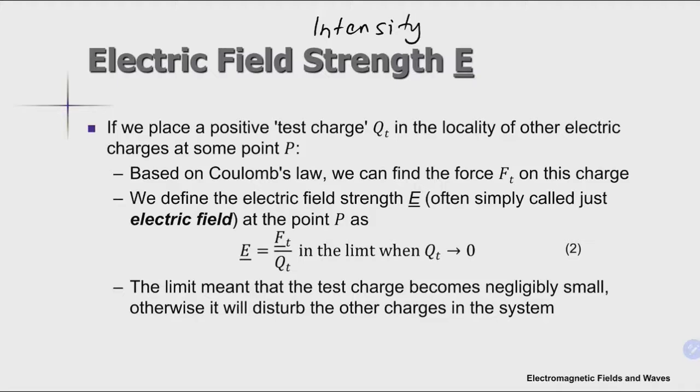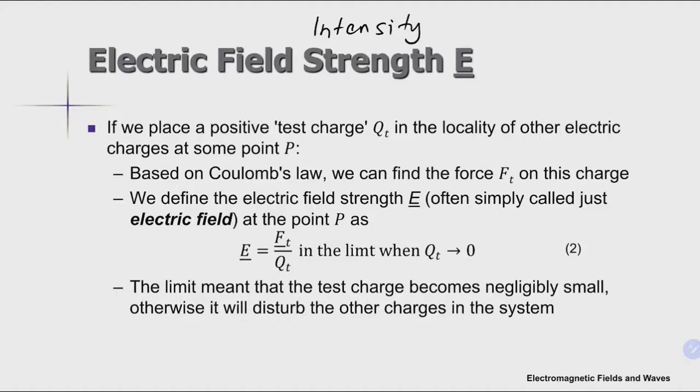So what it means is that the limit of Qt going to 0 means that we want the test charge to be very small, so that it doesn't disturb the system.